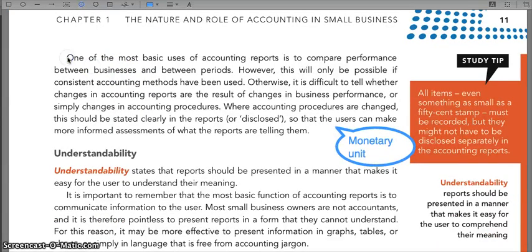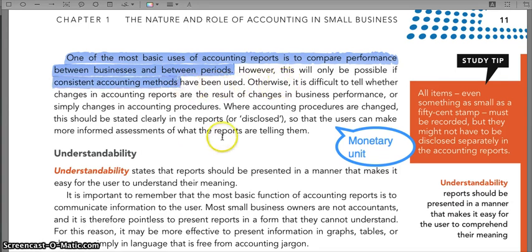And this basically cuts to one of the most important or basic uses for accounting reports, which is to be able to compare between businesses and compare between periods. So if the accounting methods aren't consistent, then we're unable to compare. So this one basically relates to monetary unit and consistency.